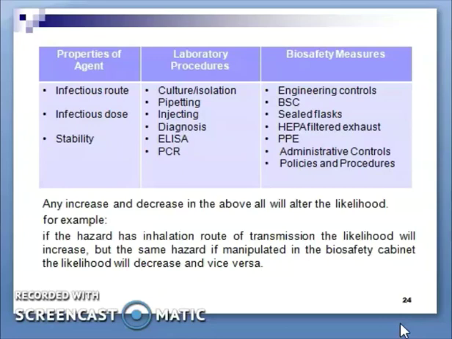If a pathogen is transmissible through the inhalation route, and we do not have biological safety cabinets while conducting diagnosis or research, then the likelihood will be high. But if we have biological safety cabinets and use them, then the likelihood will decrease.